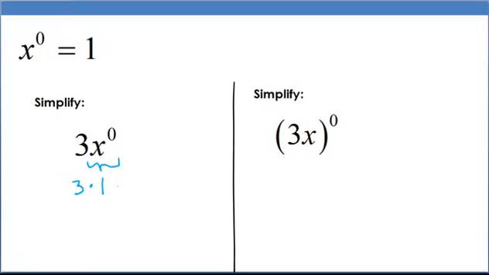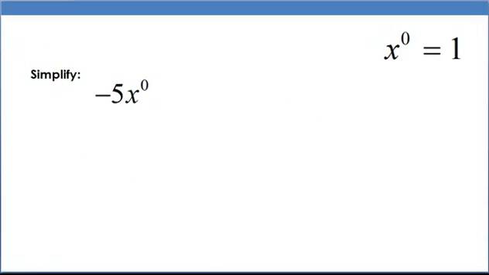So our answer there is 3 times 1 is 3. For our second situation, the 0 is beside the parentheses, so the 0 applies to the entire piece. This one is equal to 1. It doesn't matter what's inside, the entire piece is to the 0 power, so that is a straight application of your definition.